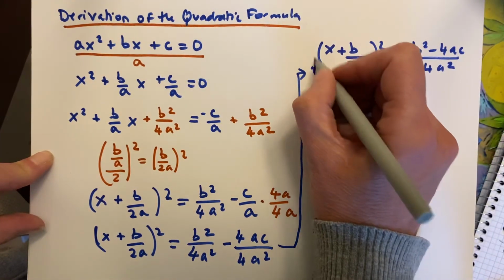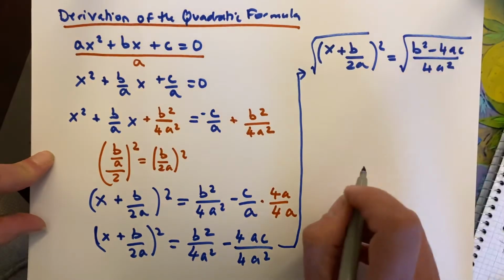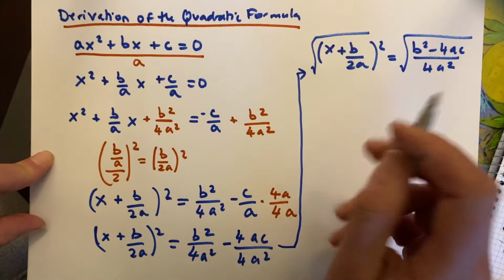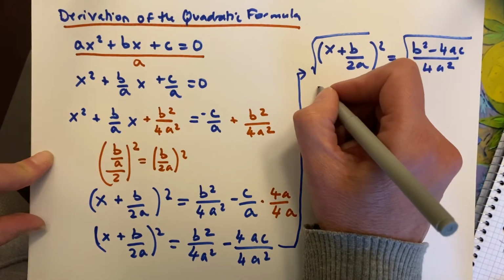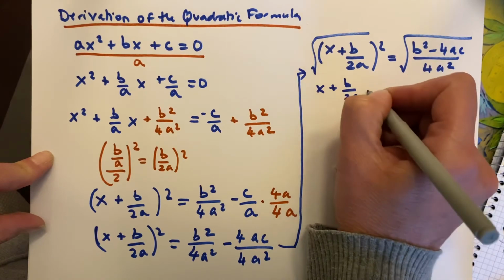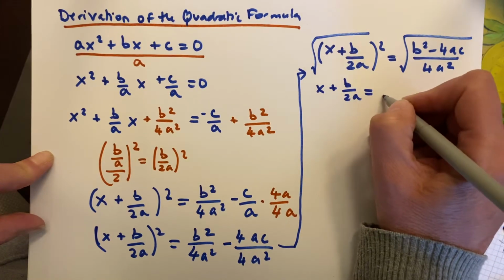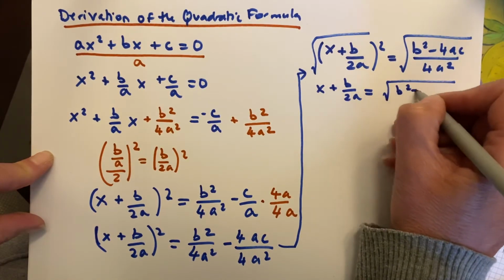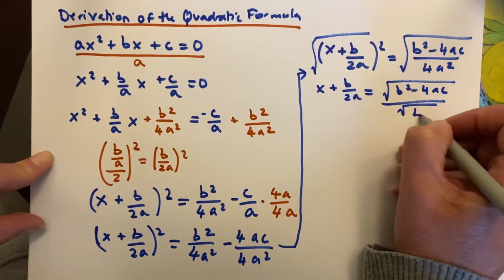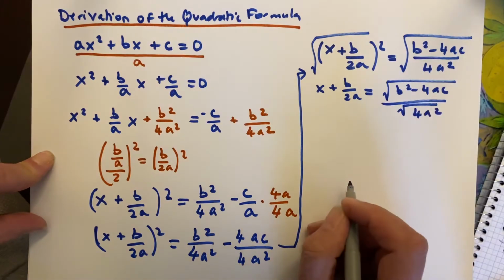Well, I'm going to take the square root of both sides, because I'm getting closer to having x isolated. When I do that, I get x plus b over 2a equals the square root of b squared minus 4ac over the square root of 4a squared, because I can separate those into 2.